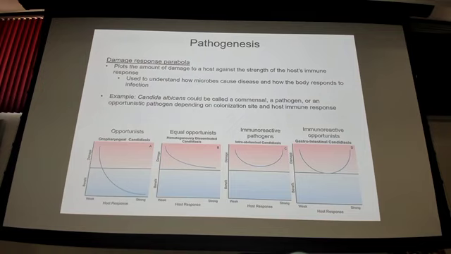But under different circumstances, it can certainly become pathogenic. One of those conditions that we already talked about was thrush, the oral candidiasis, right? So if we look at this first damage response parabola, we're looking at the host response from weak to strong. If you are immunocompromised, you have a weak immune system, the normal yeast in your mouth can overgrow and you can start getting some pretty significant damage.